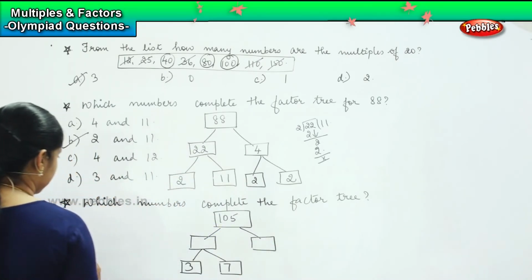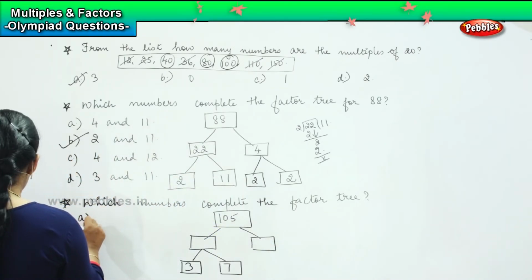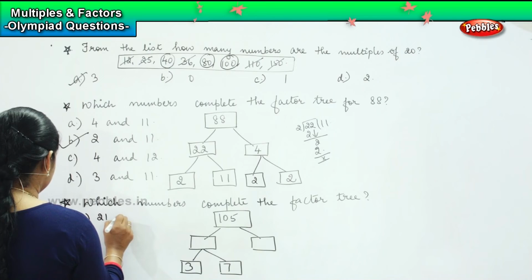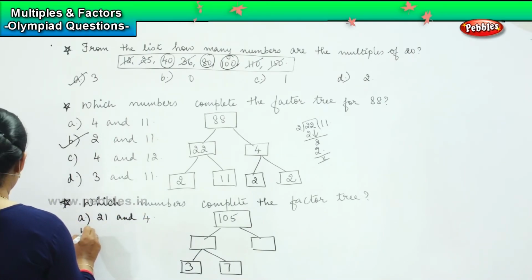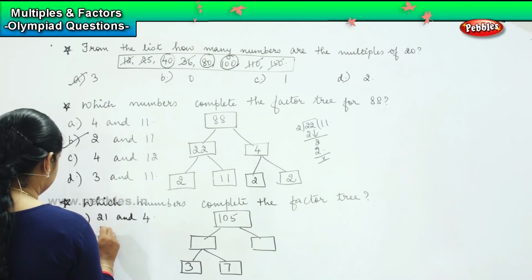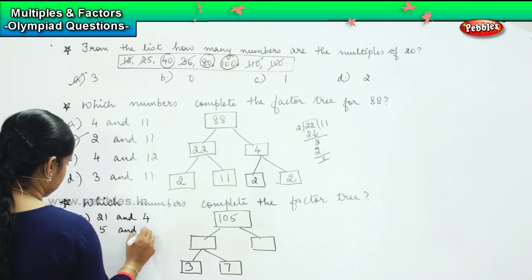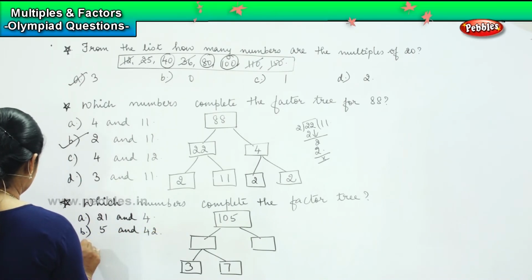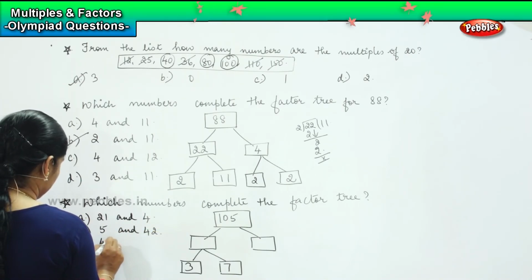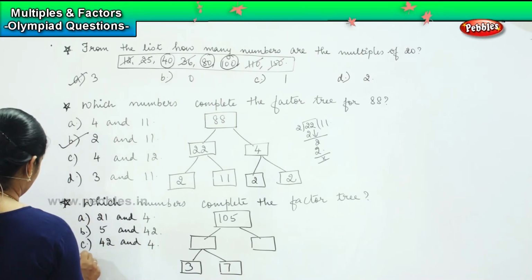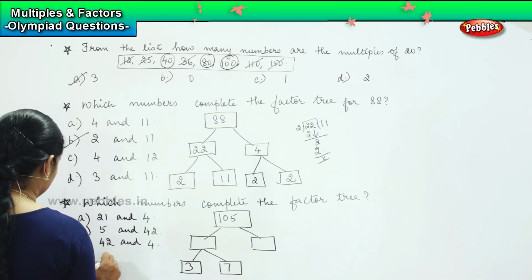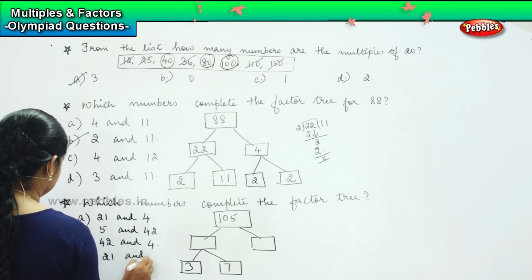Okay. The given options are option A 21 and 4, option B 5 and 42, option C 42 and 4, and option D 21 and 5.